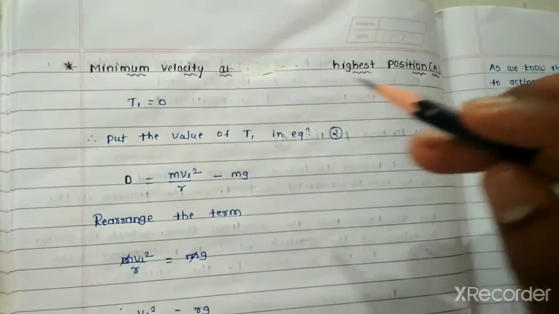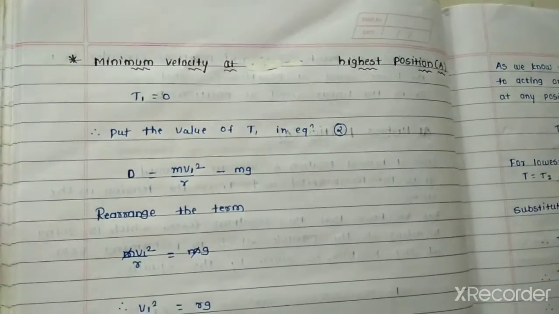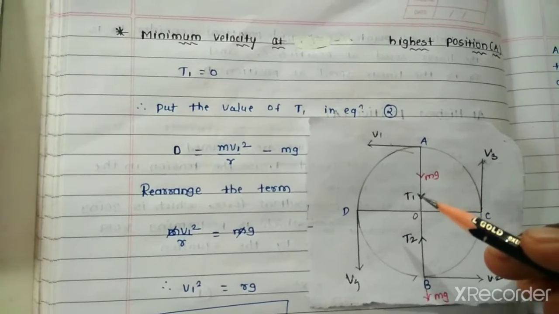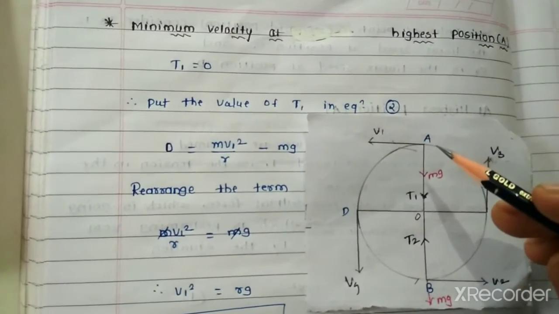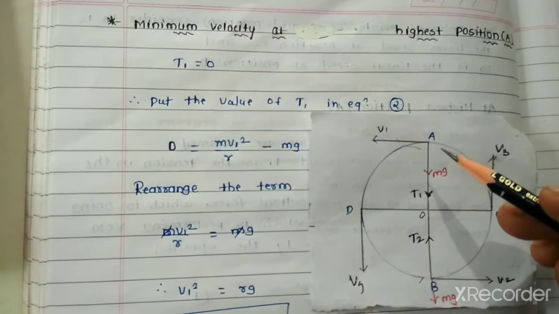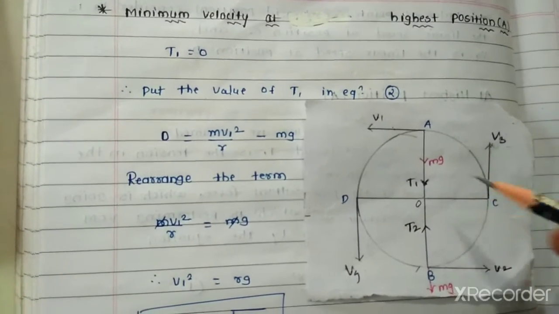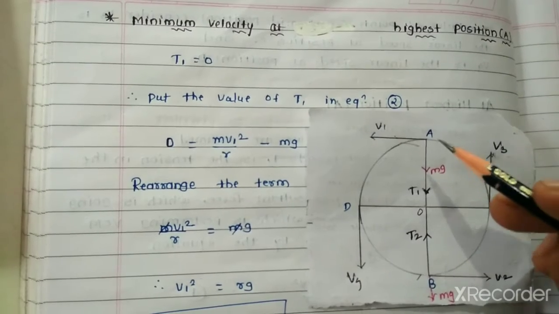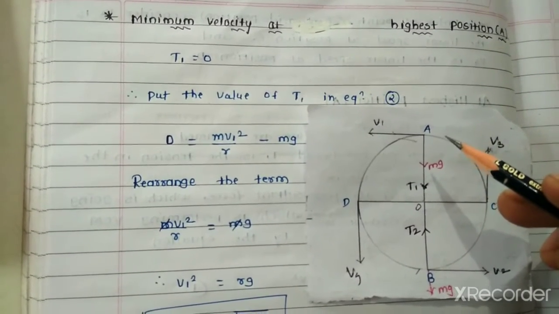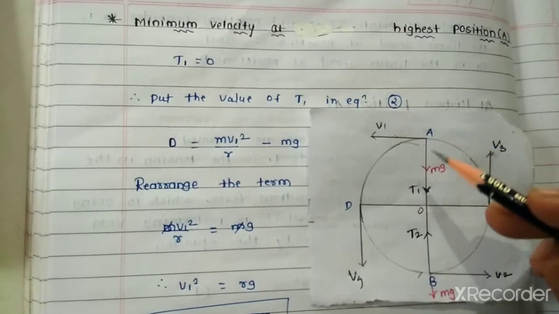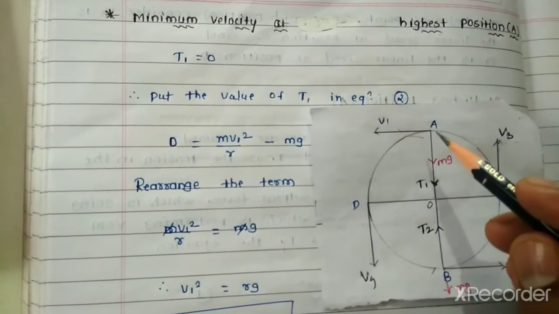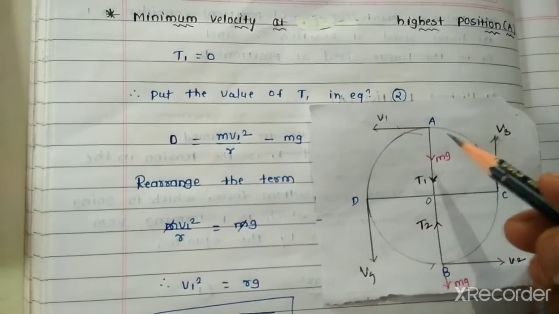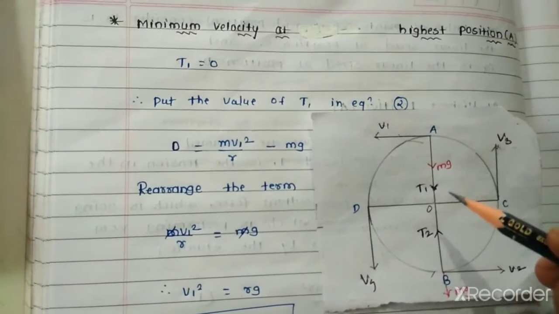What is the minimum velocity at highest position A? For finding the minimum velocity at point A, the particle performing vertical circular motion must pass with the minimum velocity at the highest position such that the particle just completes the vertical circular motion.